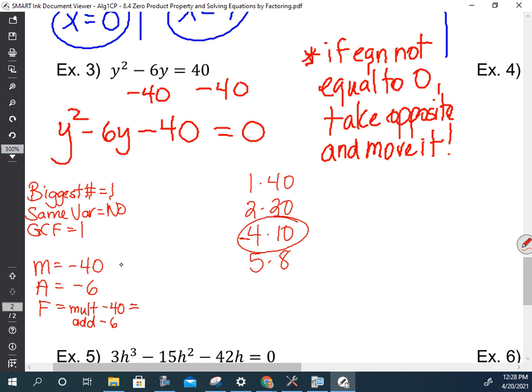Negative 4 plus 10 is positive 6. So we need a negative 6. She's got the right numbers. We just need to move the sign. Anytime you find out that you got the right numbers but the sign was off, just put the sign on the other number. So make that positive, make that negative. So positive 4, negative 10.